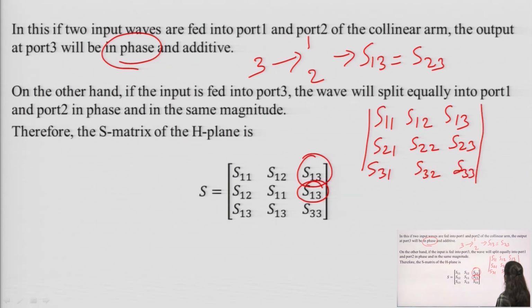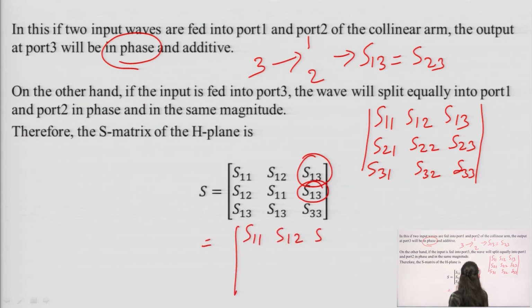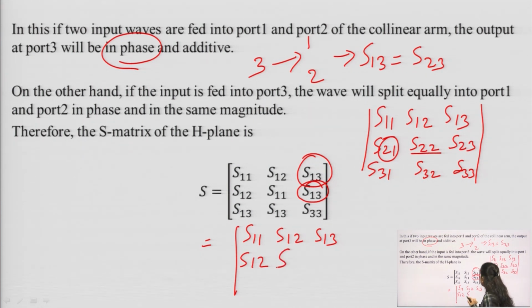This is the matrix in general. S11, S12, S13, S12 by the symmetric property, 2-1 changes into S12, S22 by the collinear arms changes into S11, S23, S23 is equal to S13.